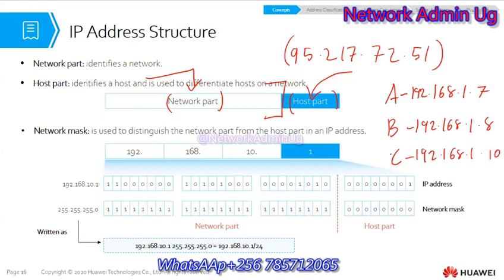You will actually see there is some similarity. The first 3 octets are the same. These represent the network side, and the host side will never be similar, they are always different.